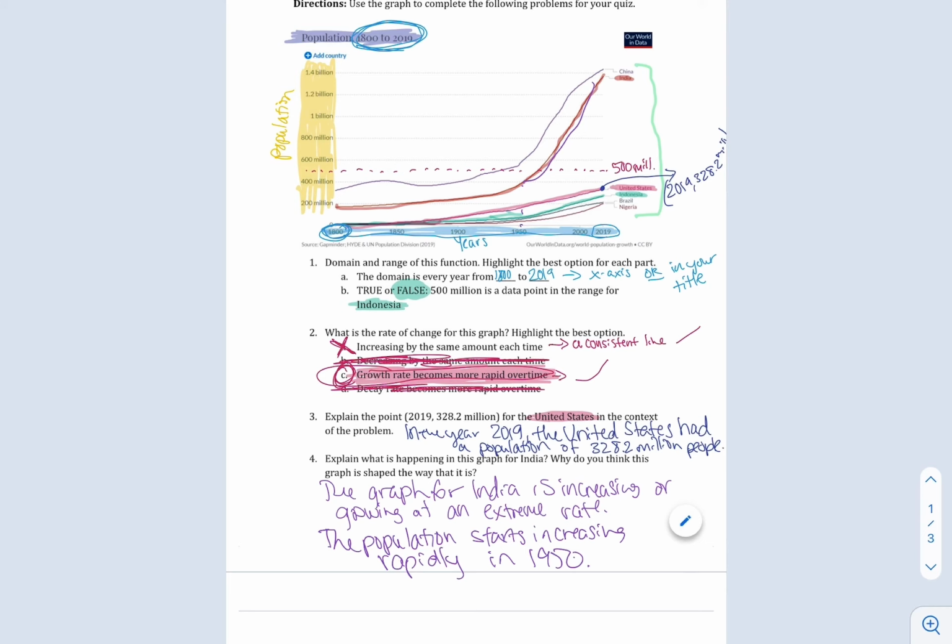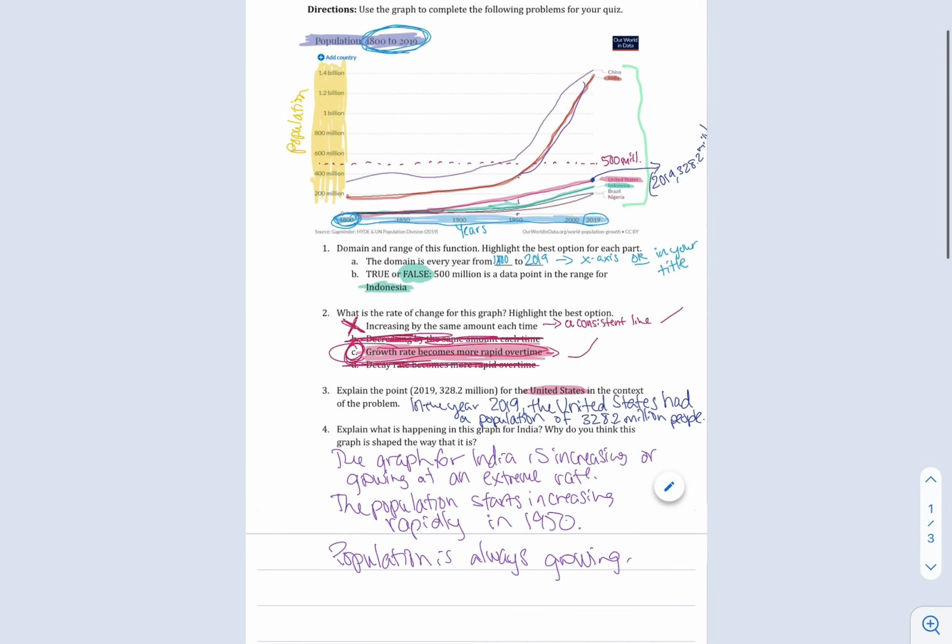Part 2 of that is going to be, why do you think this graph is shaped the way that it is? So there are a lot of different thoughts here. So we can say that population is always growing. Some thoughts I had from students are that medicine got better in the 1950s, so people could stay alive longer.